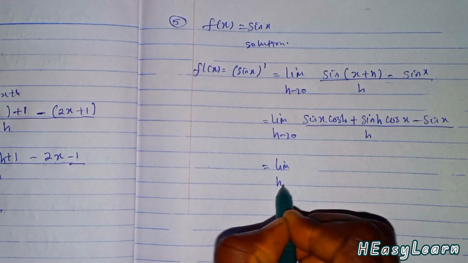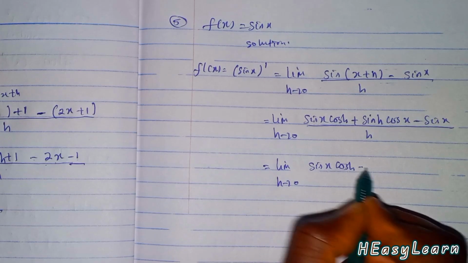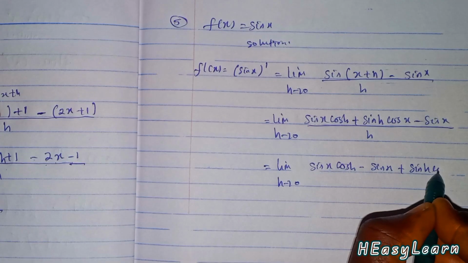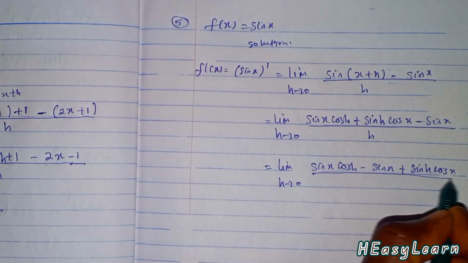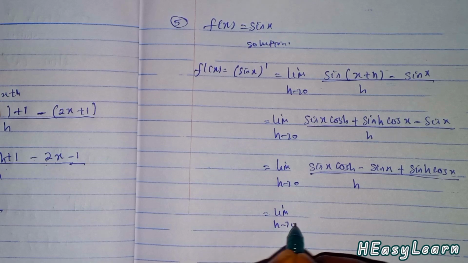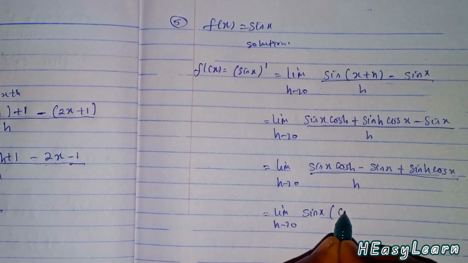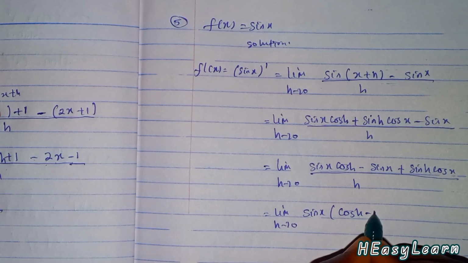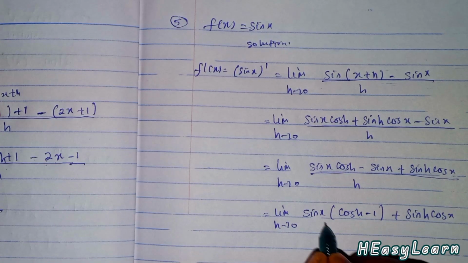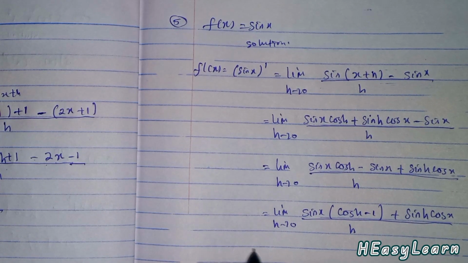Limit h approach 0, sine x cos h minus sine x plus sine h cos x over h. Limit h approach 0, sine x is common, sine x times cos h minus 1, plus sine h cos x over h.